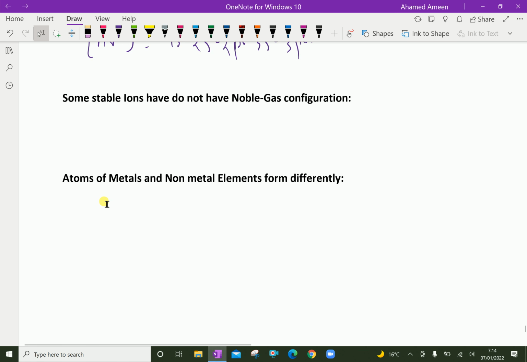Next, atoms of metal and non-metal elements form ions differently. Many atoms form stable ions that have noble gas configuration. It is important to remember that these elements do not actually become noble gases.